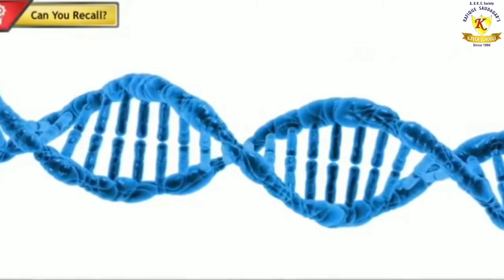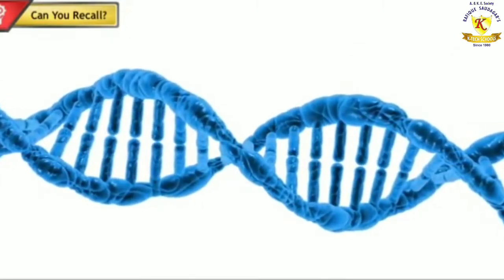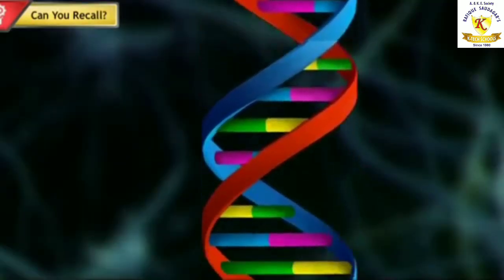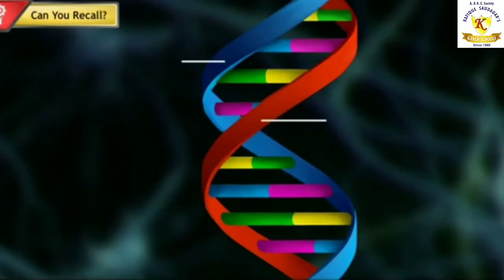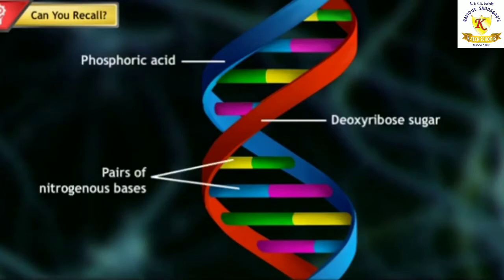Which are the components of the DNA molecule? Yes, the components of the DNA molecule are two helical strands consisting of deoxyribose sugar, phosphoric acid, and a pair of nitrogenous bases.